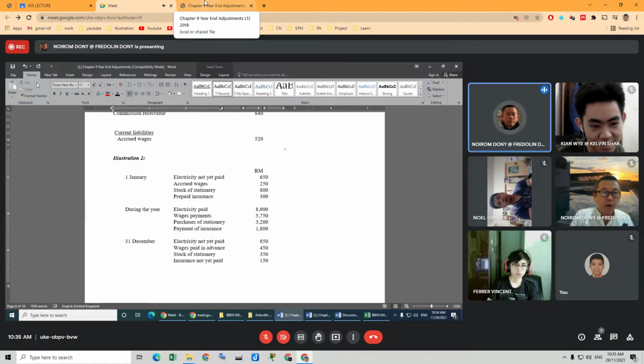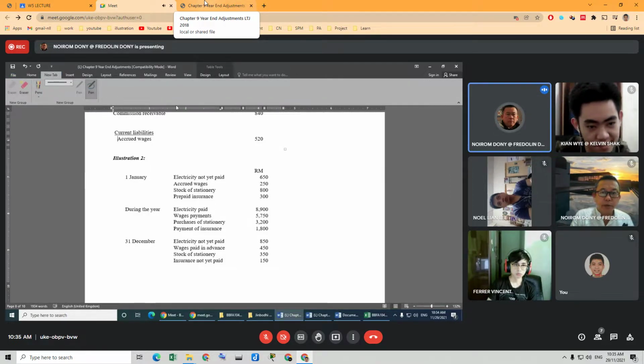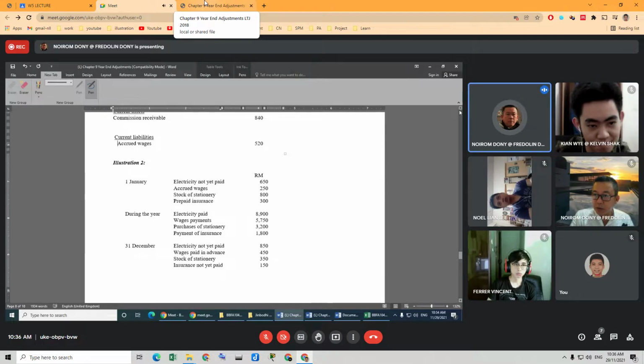Okay, I put up electricity here. So this one, I use all the possible space that we have. Right? So I put electricity down. And I put wages account.